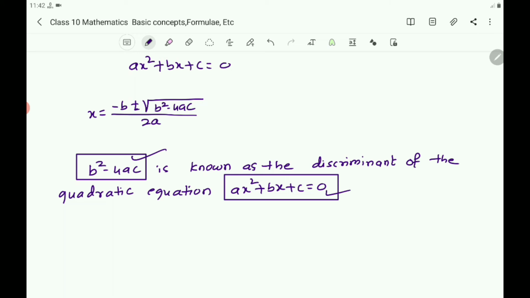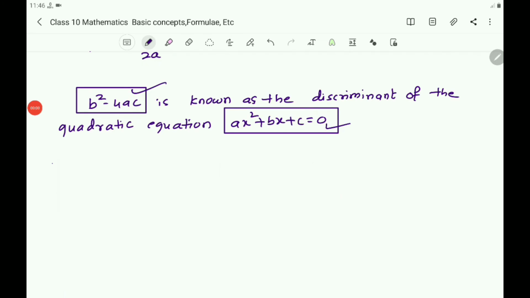So the roots may be real and equal, or real and unequal, or the roots may be not real. Three possibilities are there. The nature of the roots is in three ways.